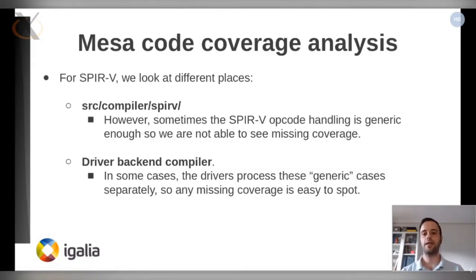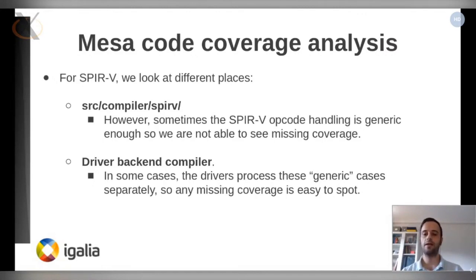For that reason, we also check the driver's backend compiler, because in some cases these generic cases are managed separately in the drivers, and we can easily find if there is any missing coverage in a given SPIR-V opcode. As one driver can split some SPIR-V opcodes, but not others, and the other way around for another driver, this is the reason that we are running the tests on different drivers.